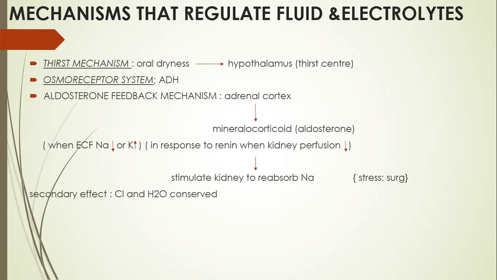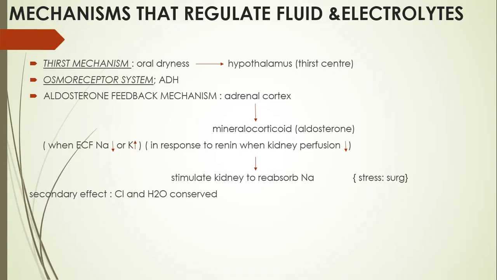But here, what happens in the adrenal cortex is that when there is an increase in the potassium ECF or a decrease in sodium, in response to that alteration in the sodium-potassium ECF level, kidney perfusion will be decreased.